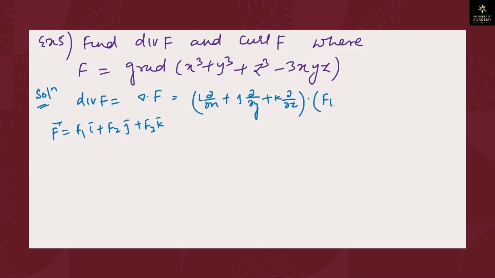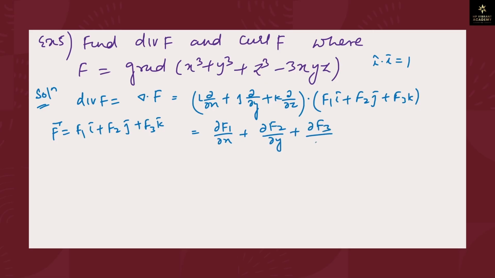So for taking the dot product we have i cap dot i cap, this is 1. So we have this as del f1 upon del x plus del f2 upon del y plus del f3 upon del z.